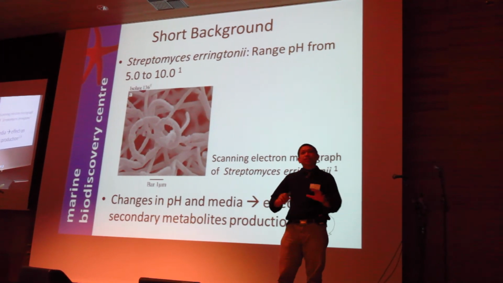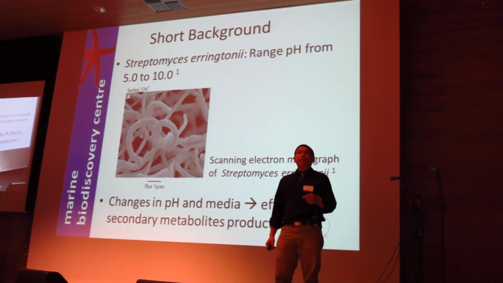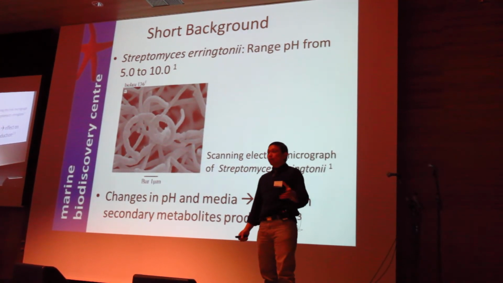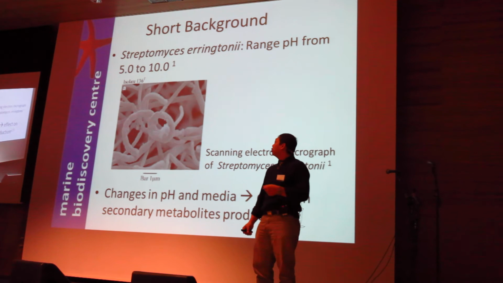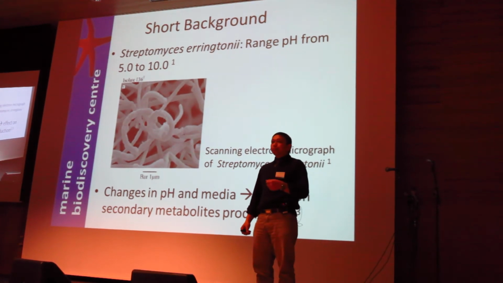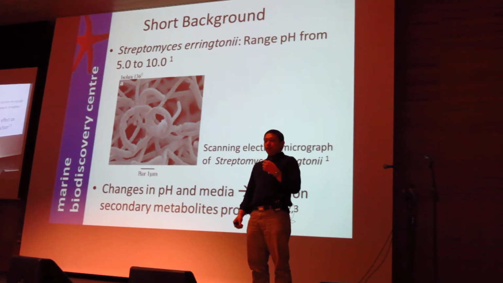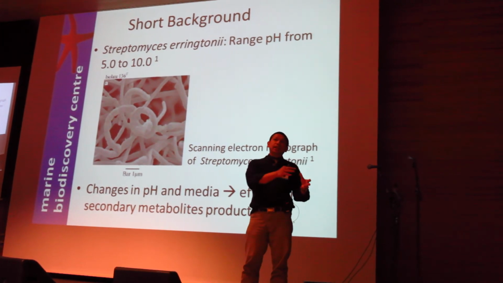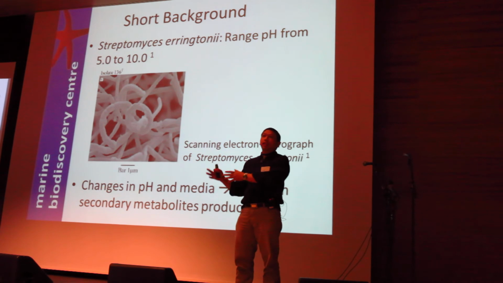And this is a short background about Streptomyces errintonii. So it's gram-positive, of course, it's an actinomycete, and it has a broad range of pH. They can grow from pH 5 until 10.